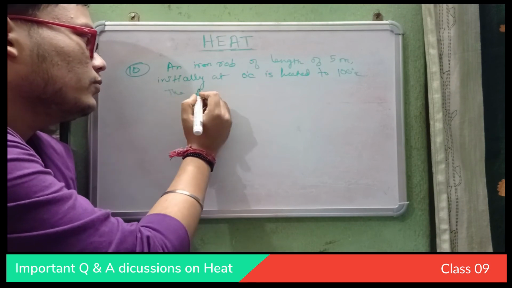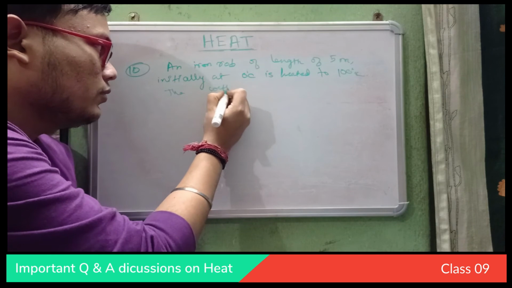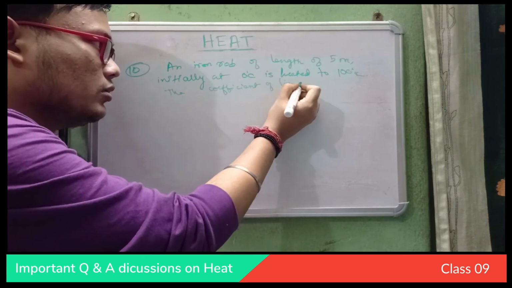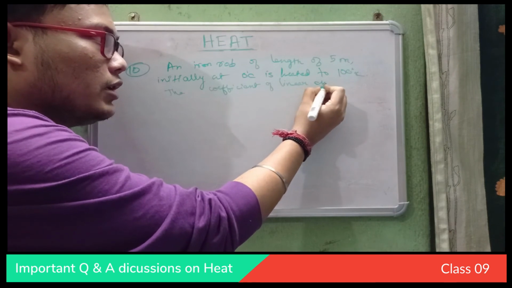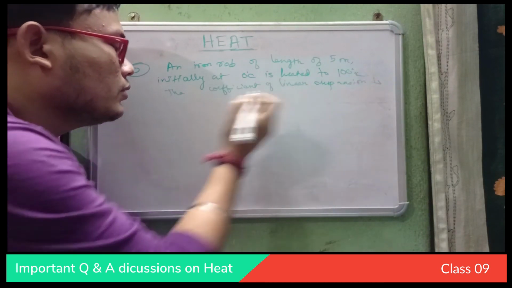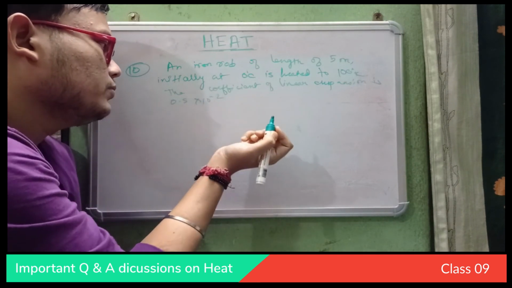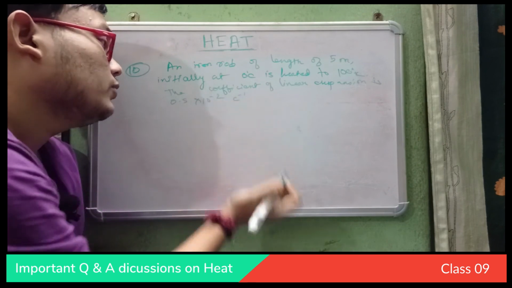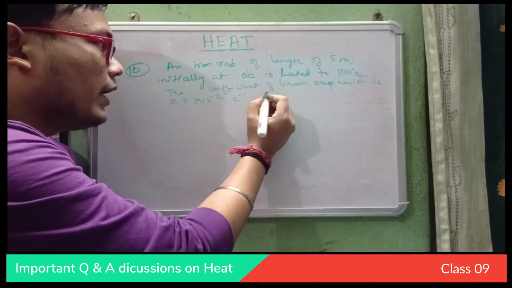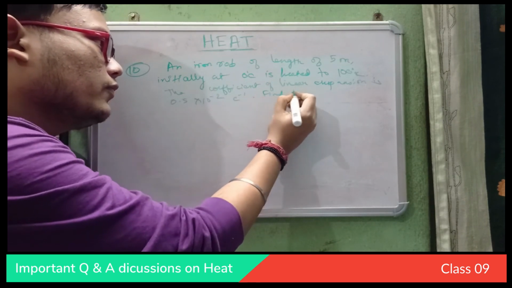The value of alpha, which is the coefficient of linear expansion, is 0.5 into 10 to the power minus 2 per Celsius. Find the final length of the rod.